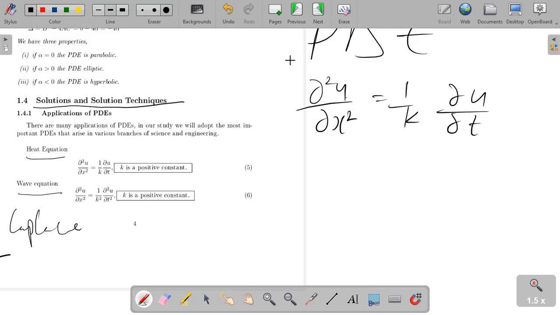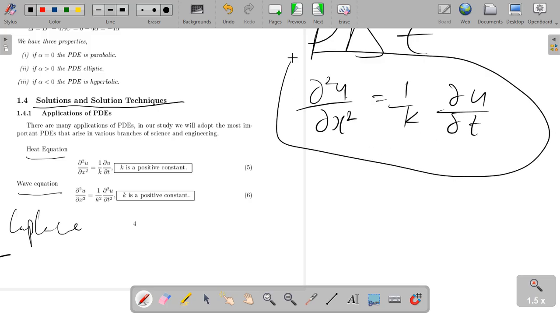From the heat equation, we get the wave equation. In the wave equation, the difference is that on the right-hand side, everything must be squared. Remember, we start from the heat; from the heat you can get the wave, and from the wave we can get the Laplace. Here t is a function of time, but that doesn't mean you cannot use any variable you like.